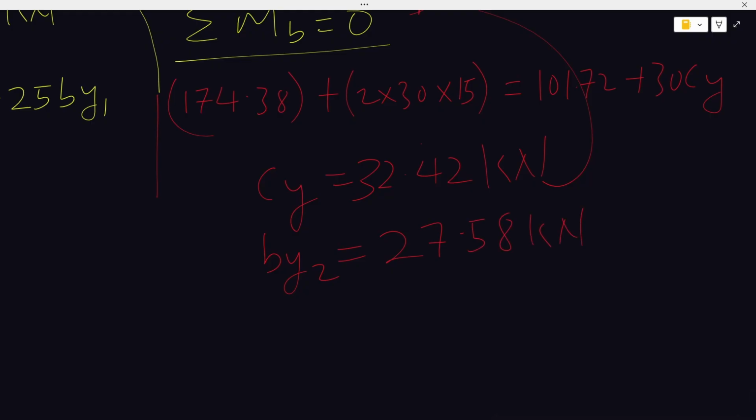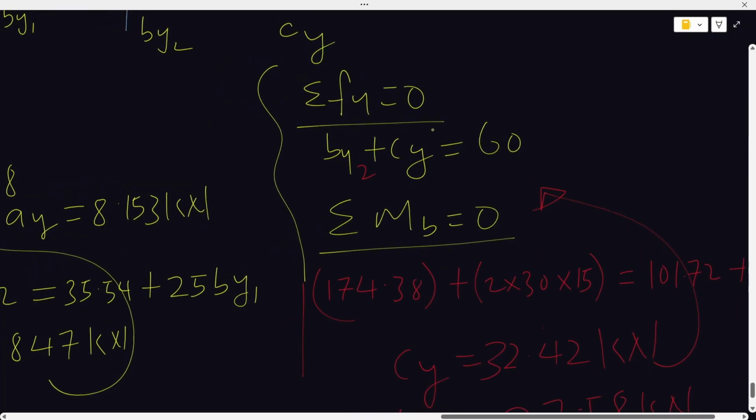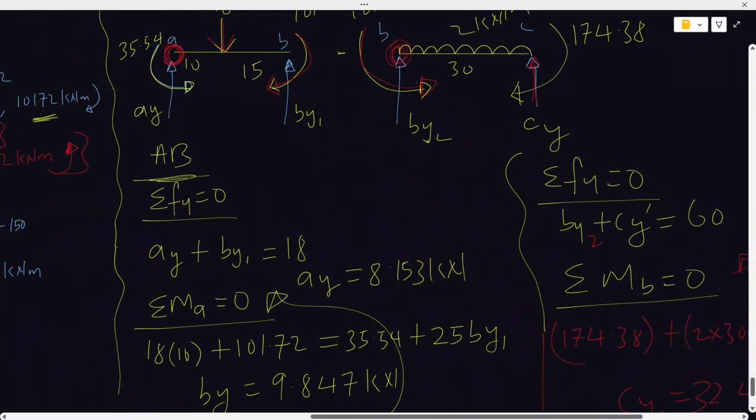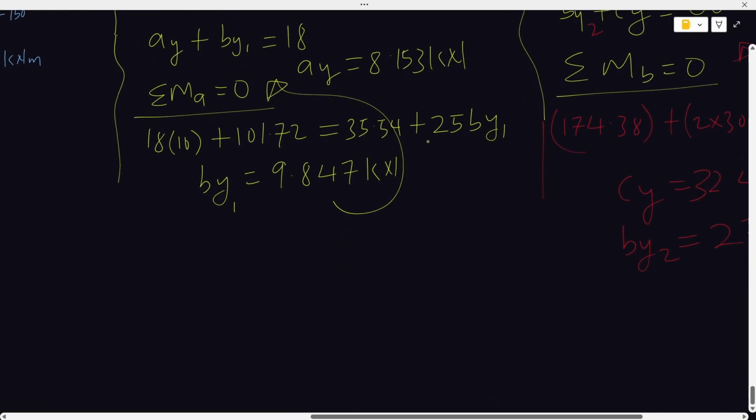So moving back to my green ink, looking at it now that we have the member end shears, it means that our reaction at A will be 8.153.